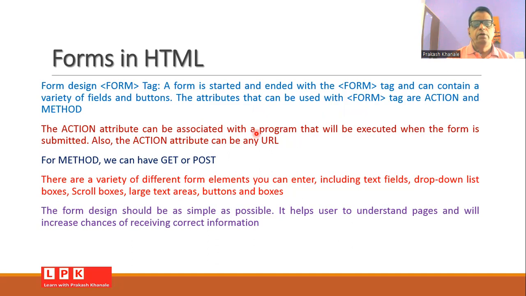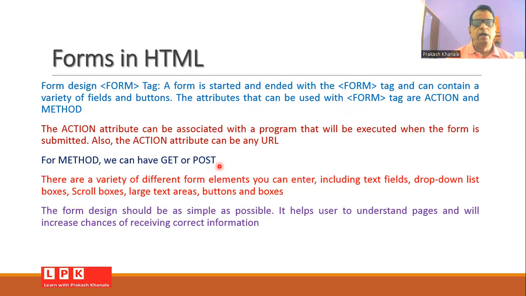The action attribute is associated with the program that will be executed when the form is submitted, and it can also be in the form of a URL. Whenever we think of the method attribute, there are two methods: one is called get, and another is called post. These two methods are used for sending the data.